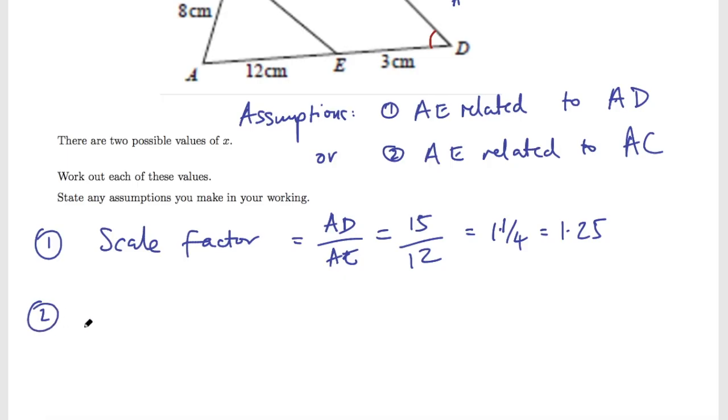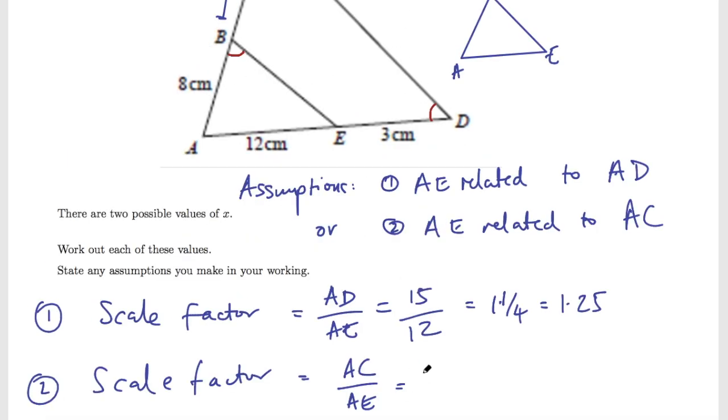And then scale factor for 2, in case that the second assumption is correct, then the scale factor is AC on AE, which is the same thing as AD on AB. So this side over AB there. So that equals 15 on 8.